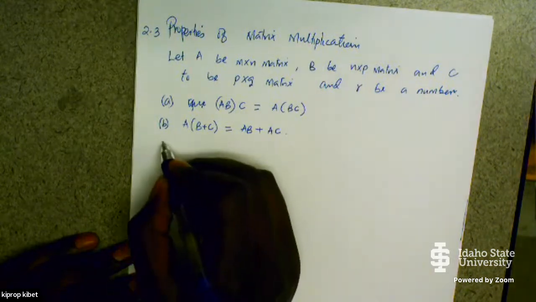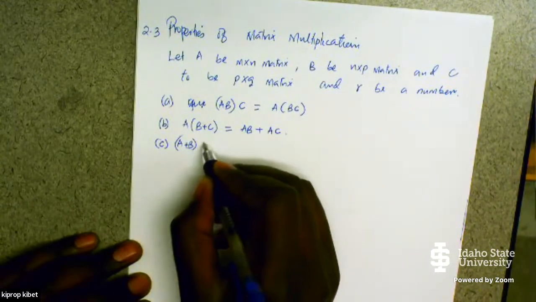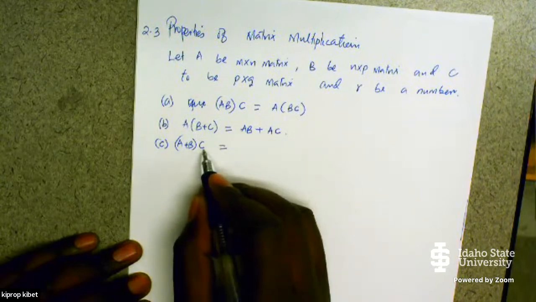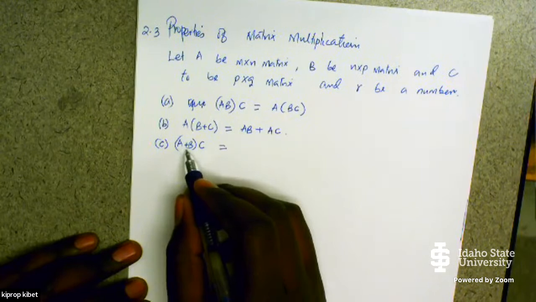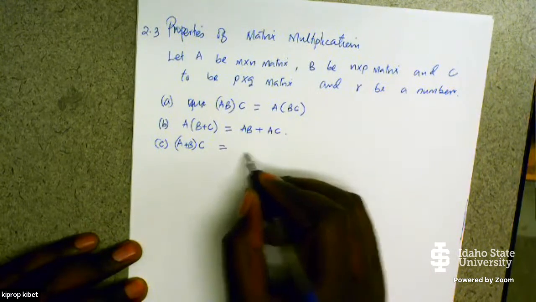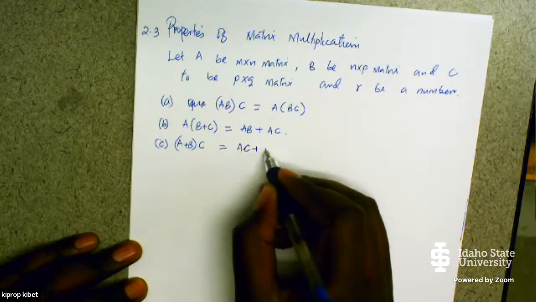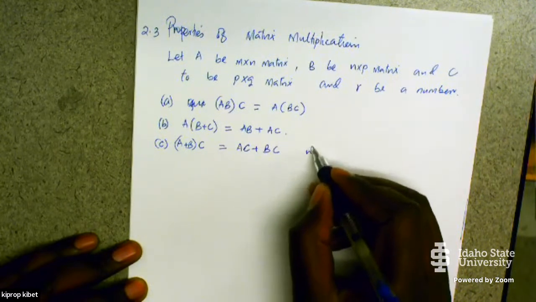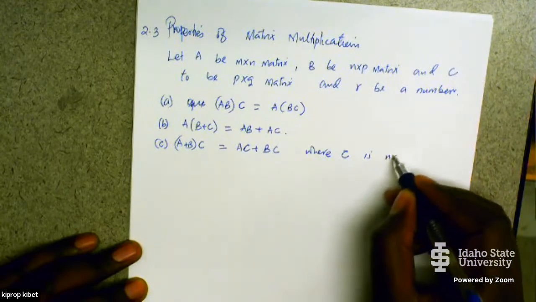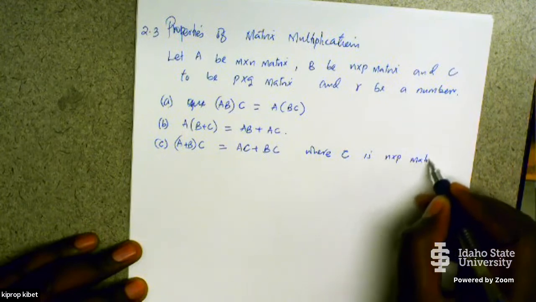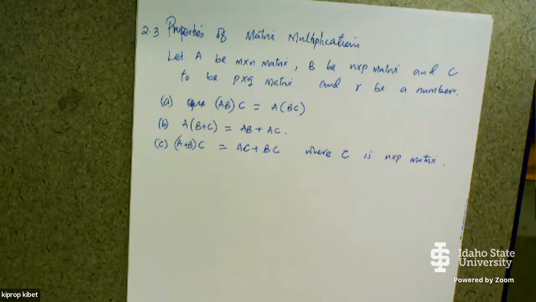You can distribute the matrix. Number 3, A plus B, C, you can also distribute C inside here, so you can say AC plus BC, where C is an N by P matrix.